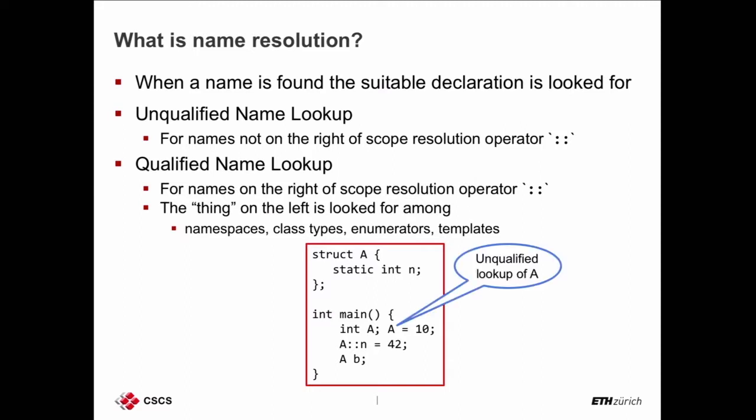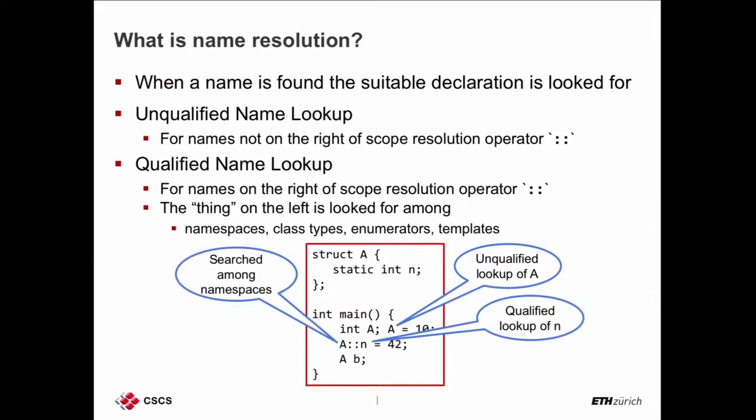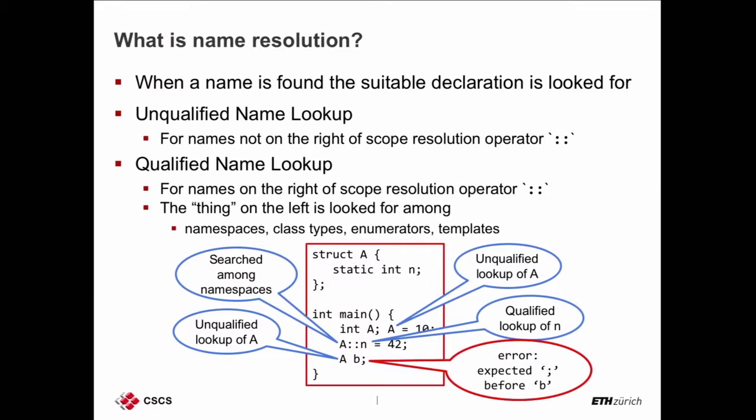You get a compilation error, which is expected semicolon before B, which is one of the most annoying errors you can possibly have because you have no idea why that happens. You have to look up and say, okay, this is just because I have a variable with the same name as a class, and the compiler got confused.